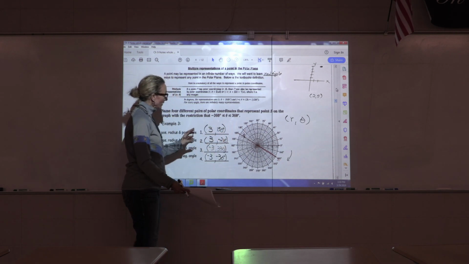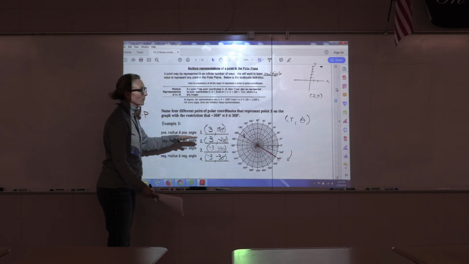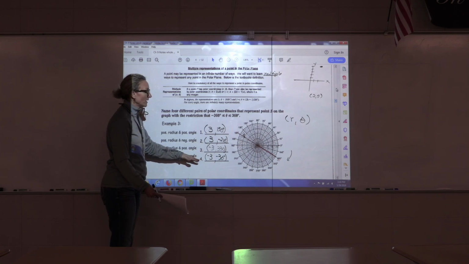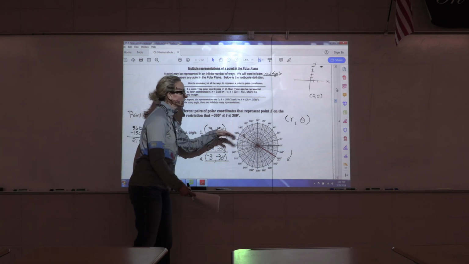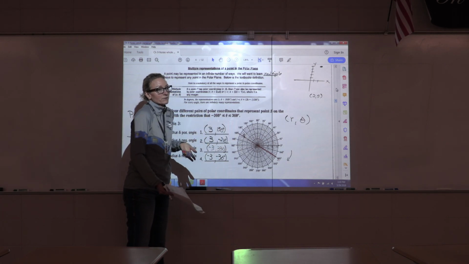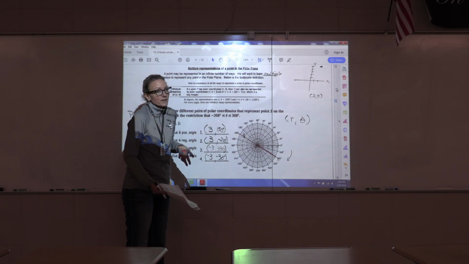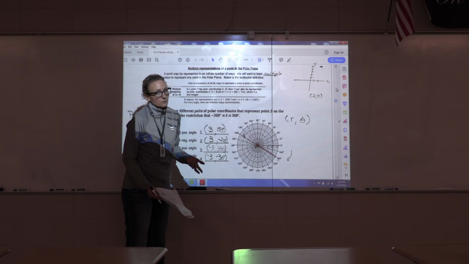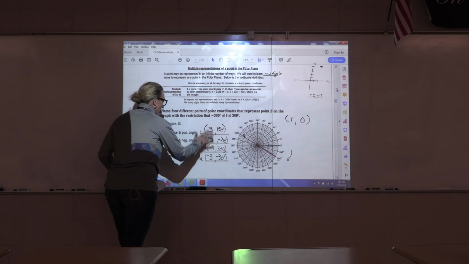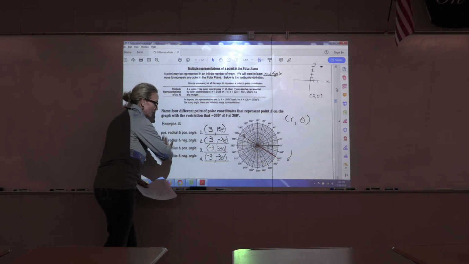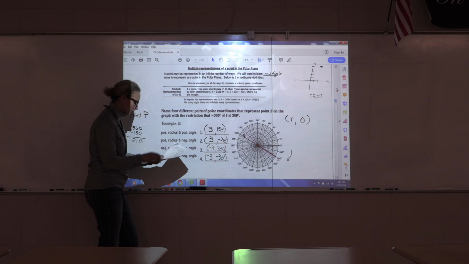True. That's why we get real specific about how the different representations need to be, because otherwise you're really sly and tricky and lazy, and you'd just keep adding 360 and call that a different point. It's a different coordinate, but it's too simple. You can do better than that. So we're going to ask you to give these types of different representations.